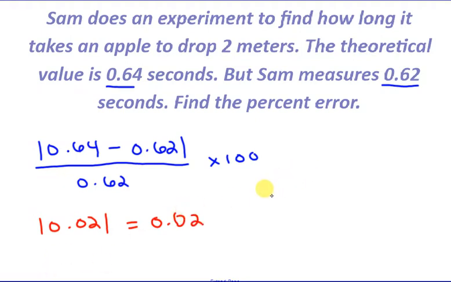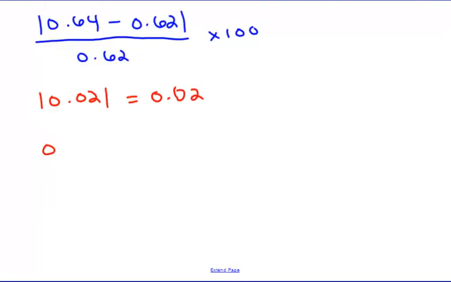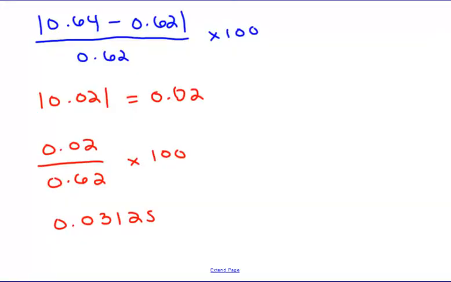Okay, so we have now 0.02 over 0.62 times 100. So when you do 0.02 divided by 0.62, you are going to get, let's see, 0.03125. We're going to multiply that times 100.